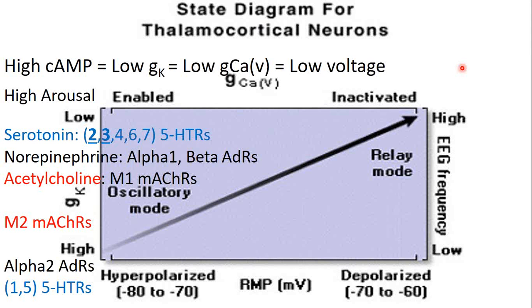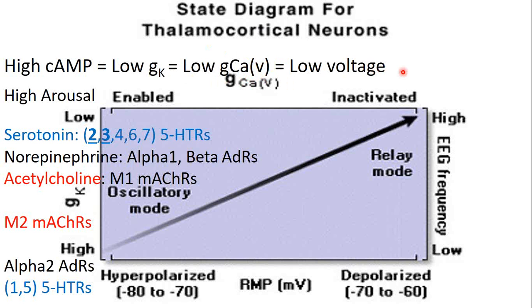So now I've added some more details to this diagram, bringing in what we've already talked about, to see if it makes sense. We said that when we had high cyclic AMP, we had a low potassium conductance state and a low calcium conductance voltage-gated channel activation state.